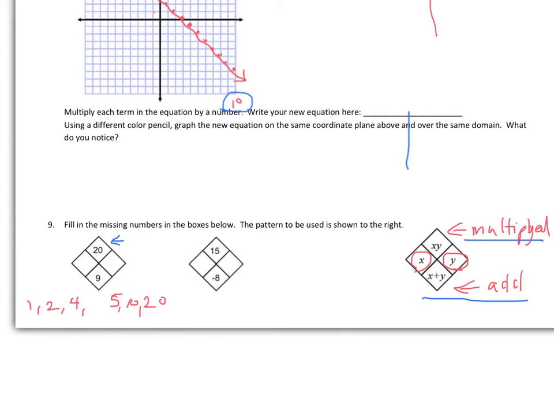The way I do this is I do the factors of 20. 1 and 20. 1 times 20 is 20, but of course 1 plus 20 is not 9. 2 and 10. Again, 2 times 10 is 20, but 2 plus 10 is not 9. 4 and 5, bingo. 4 times 5 is 20, and also 4 plus 5 is 9, so you'd fill those in there to the left and right for x and y, and then go on to the next one.